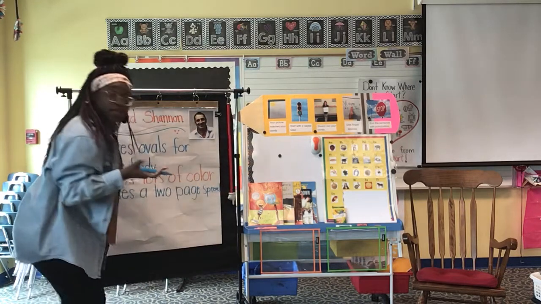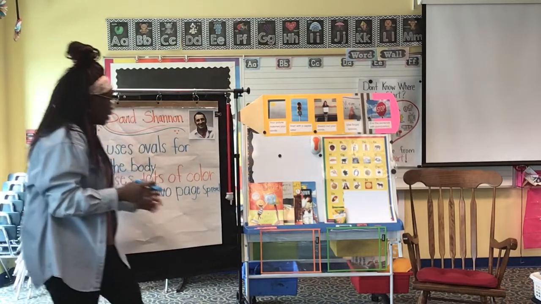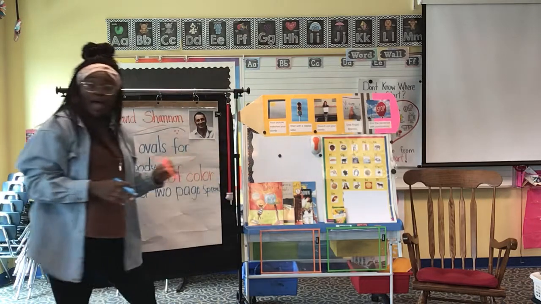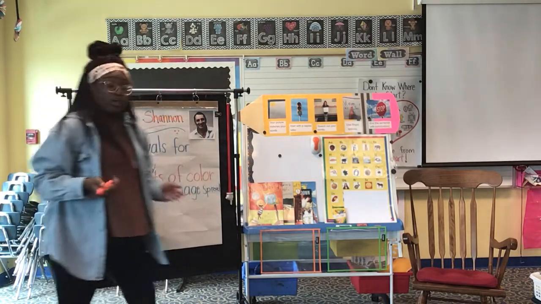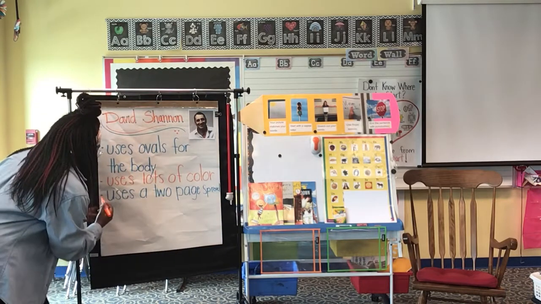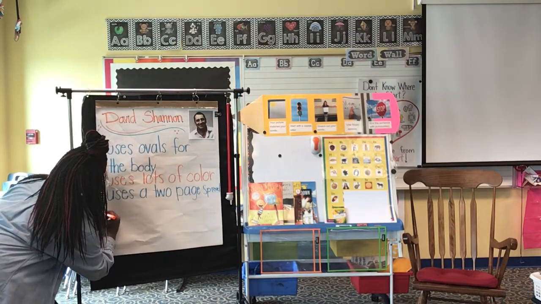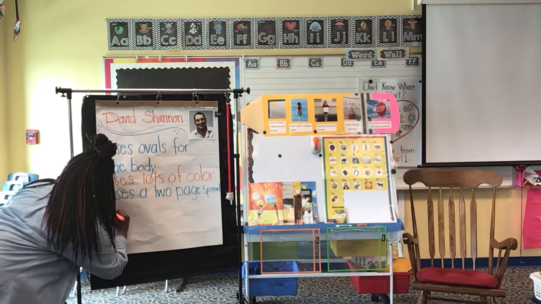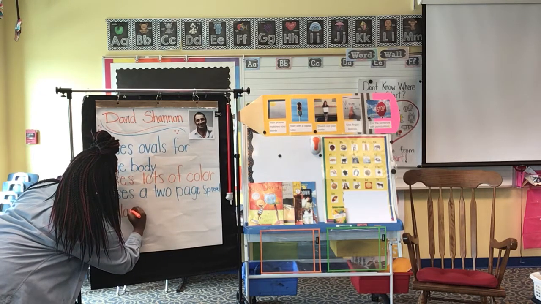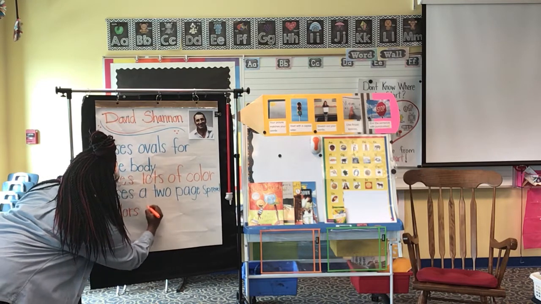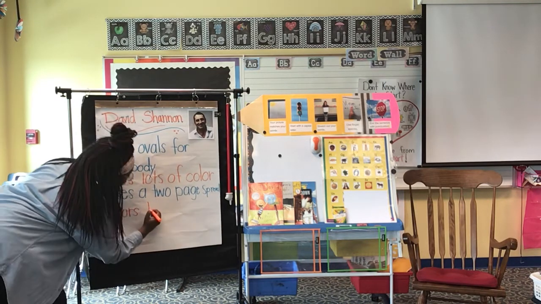And one more thing that he does in his books is that he actually colors the background. And I'll show you what that looks like when we start reading our book today. So he colors the background of his books. Colors background.